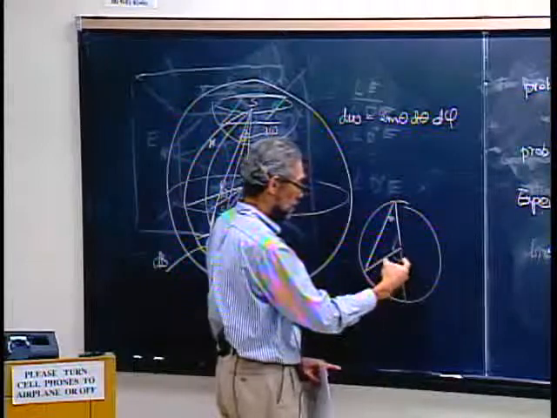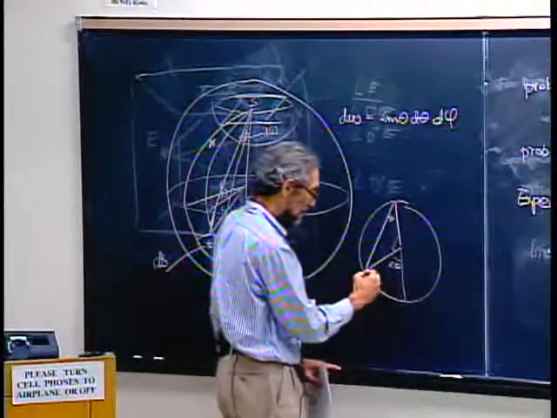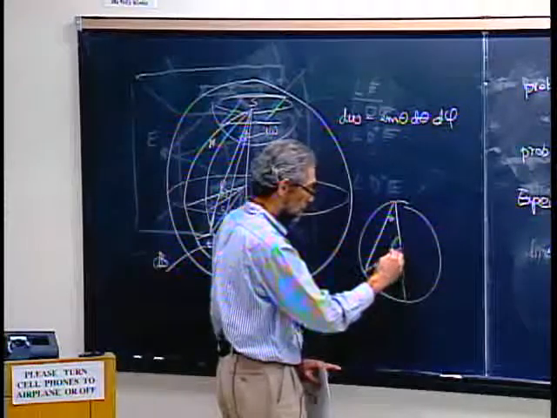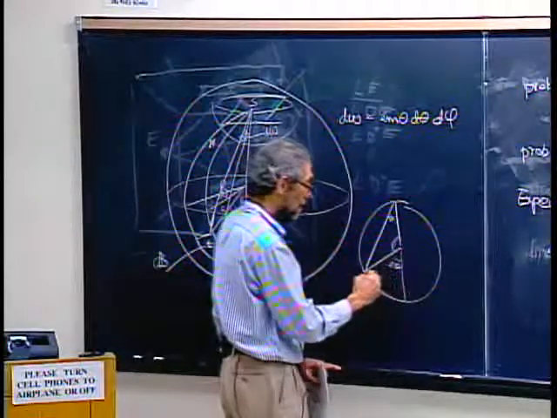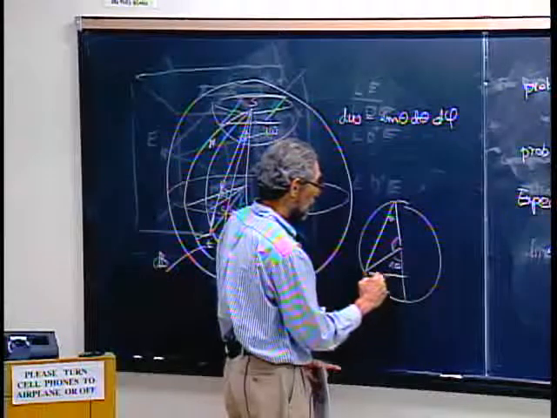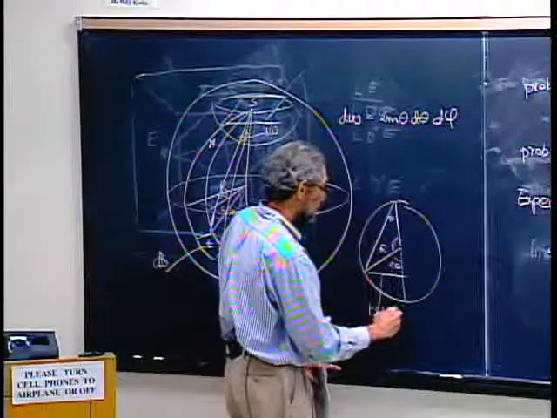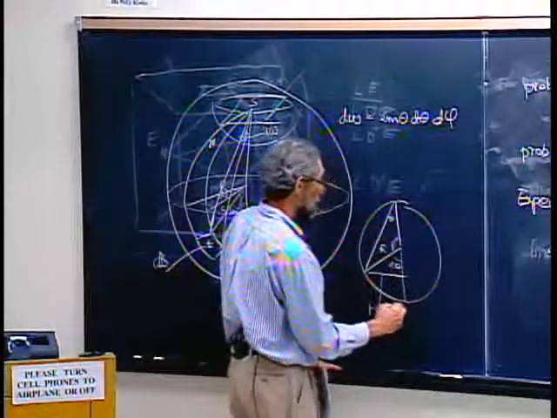Is that true? This exterior angle is twice the interior angle. And if it's a sine, it's the same whether I measure it this way or that way. It's still the sine. So this radius, if this was r, this is r sine 2 theta.